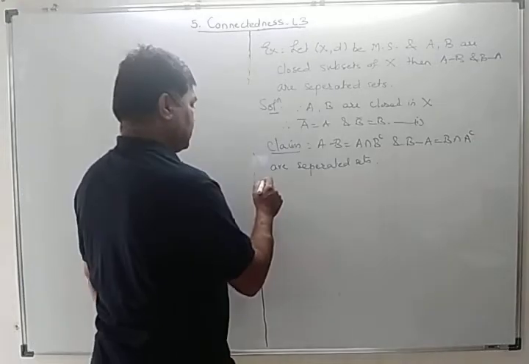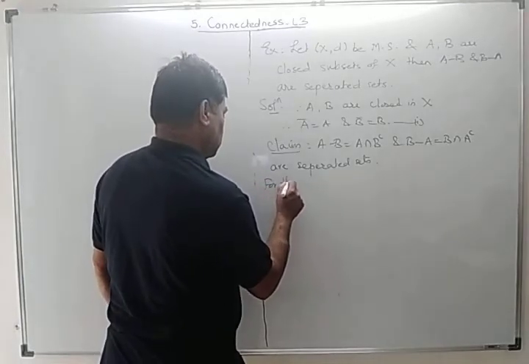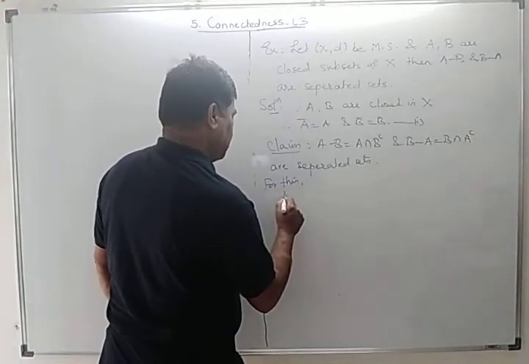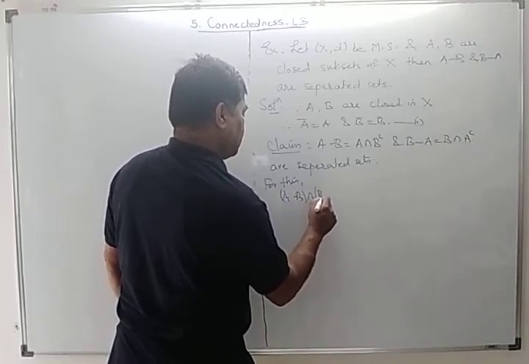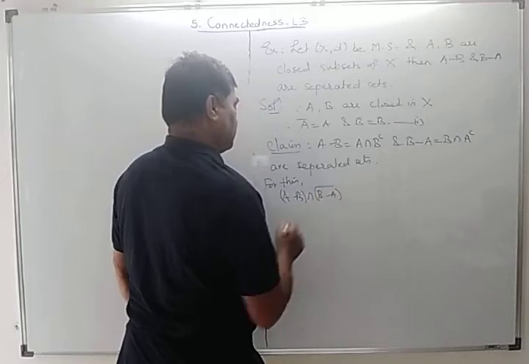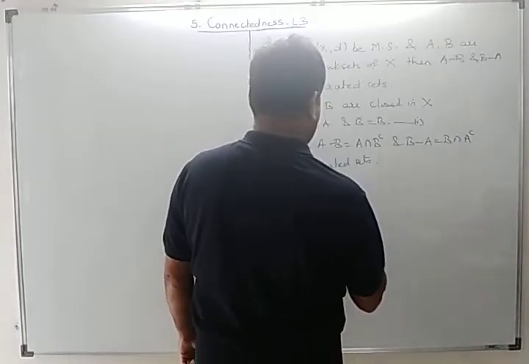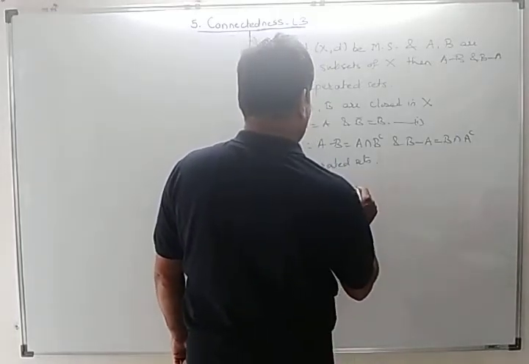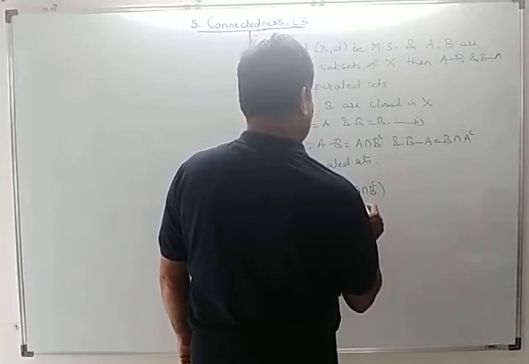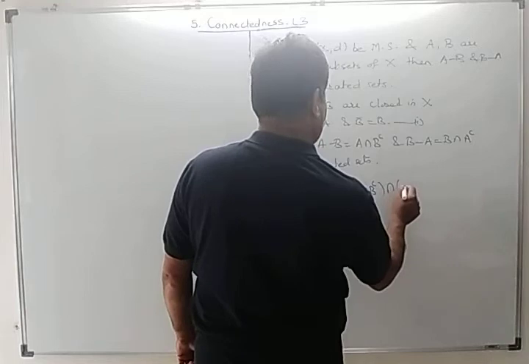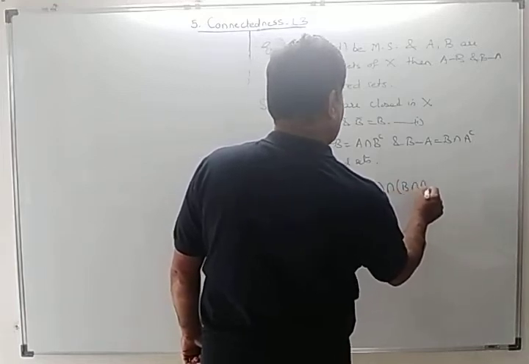So for this, (A minus B) intersection closure of (B minus A) is equal to A intersection B complement intersection closure of (B intersection A complement).